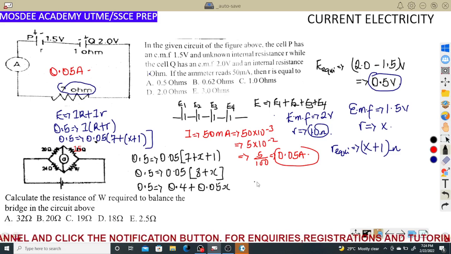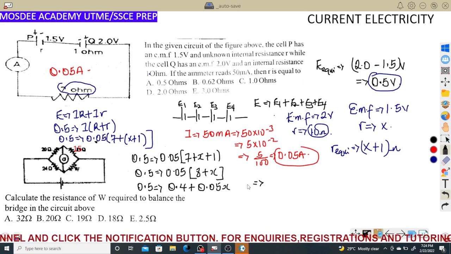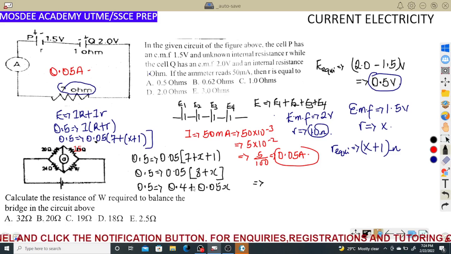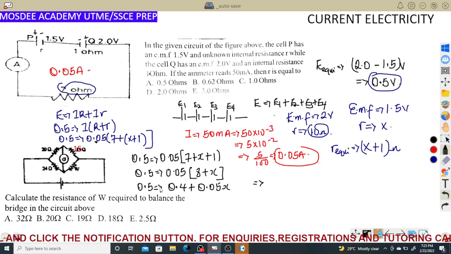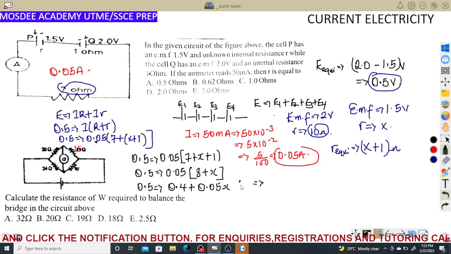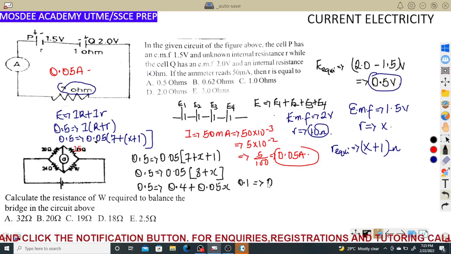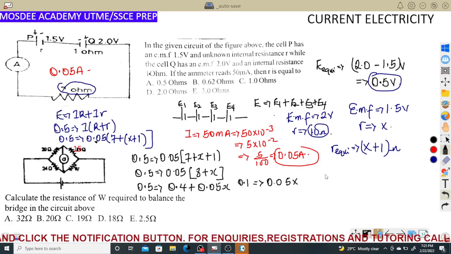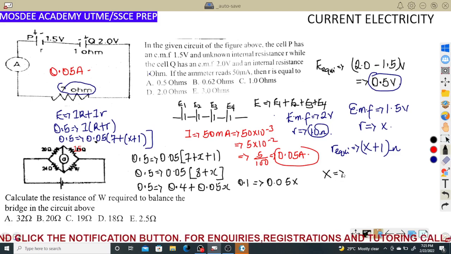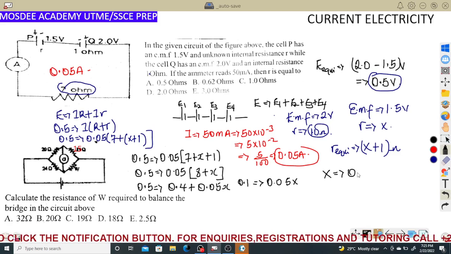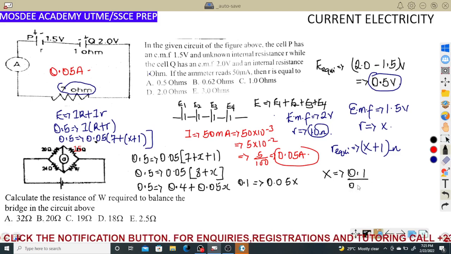On simplification, you should get the answer. Should I leave it for you to finish? You can always correct me if there's any mistake. That shows you are following the class, and this is the best thing you can do. So when you move this, it will be 0.5 minus 0.4, that's 0.1, equals 0.05x. Make x the subject of the formula, which is what you are looking for. That's 0.1 divided by 0.05.